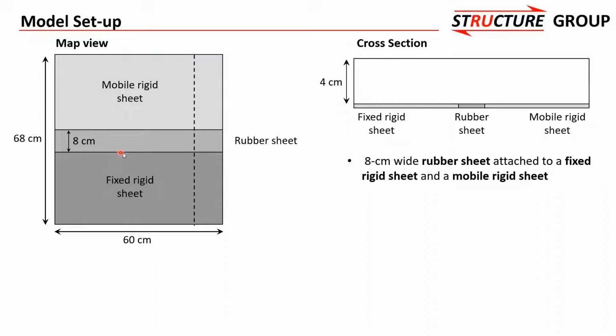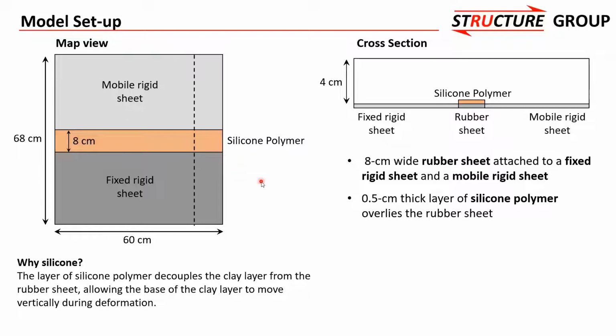For the model setup, the base of the model had a mobile rigid sheet, with the motor attached to this mobile rigid sheet, and then a fixed rigid sheet. Between them was an 8-centimeter rubber sheet, which defines the zone of deformation during the model. On top of that rubber sheet, I put a 0.5 centimeter thick layer of silicone polymer.